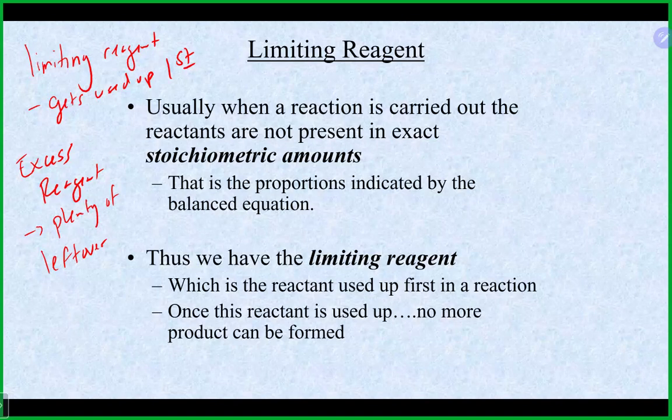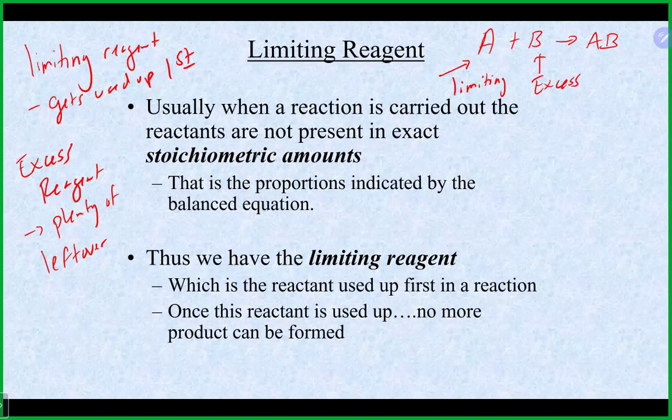Now, why is this really important when we talk about reactions and using equations to figure out how much product we produce? The reason is very simple. If you just take a very simple reaction where you take A plus B and it makes AB, and let's just say, for example, that A in this case was our limiting reagent, and we'll just say B was our excess reagent.